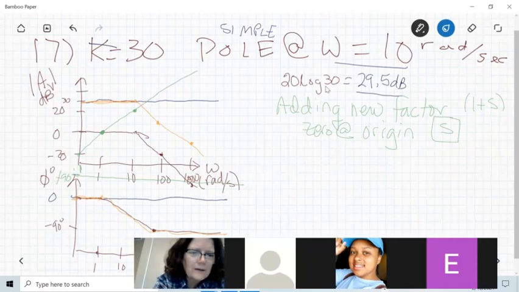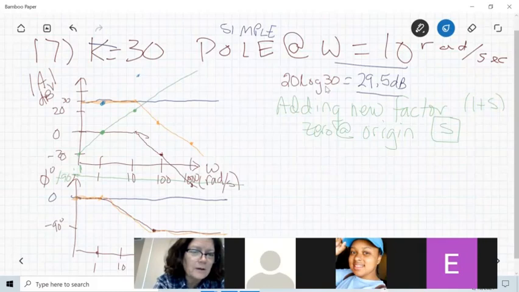At 1 radian per second, I have 0 dB plus 29.5 dB. So this is going to be 29.5 dB. At 10 radians per second, I have 20 dB plus 29.5, which is 49.5 dB.